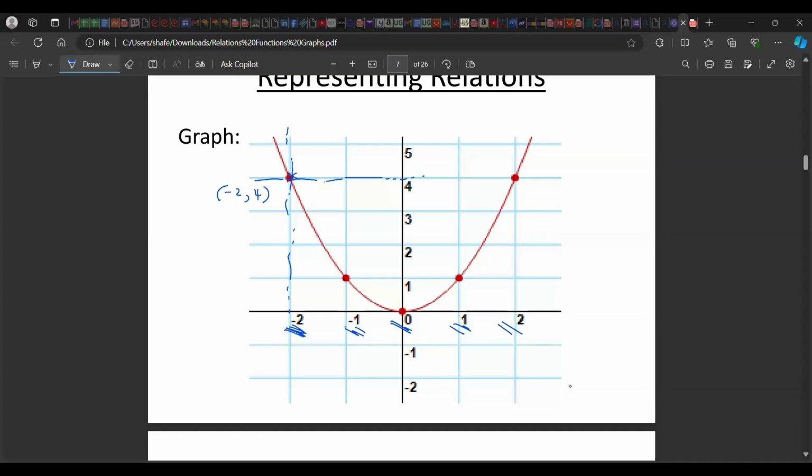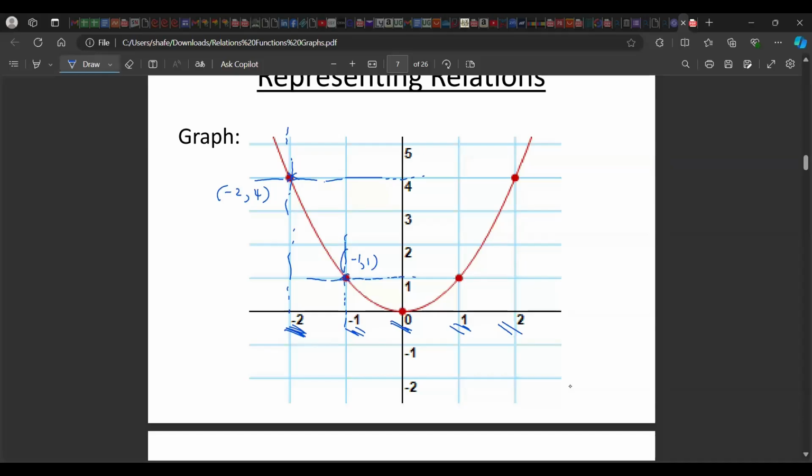Here, -1 goes up to 1 on the y-axis, or the output axis, so the 2 coincide there. So this point is (-1, 1), and so on. And when we join them up now, we get this nice curve.